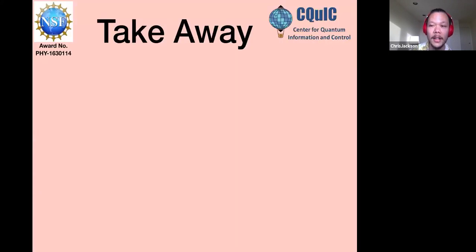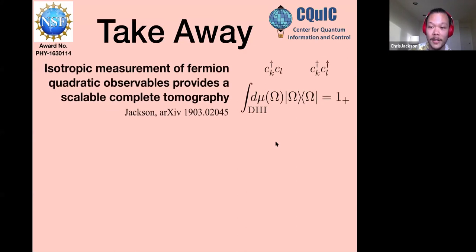If there's anything you take away from this talk, I hope it's the following: there is a measurement for fermionic systems which has as outcomes a phase space, which people have been interested in for other reasons. The way you can do this POVM is by isotropically measuring these kinds of observables.